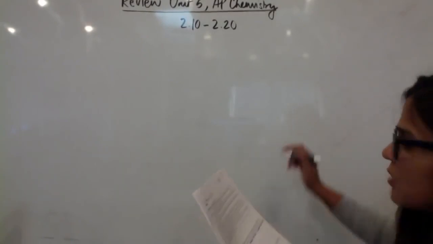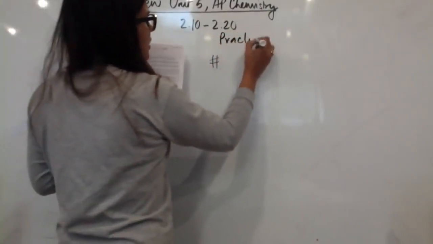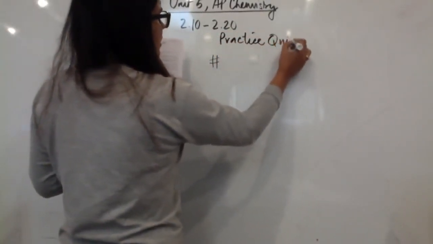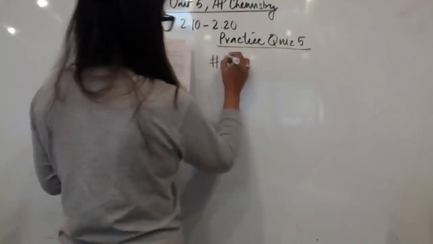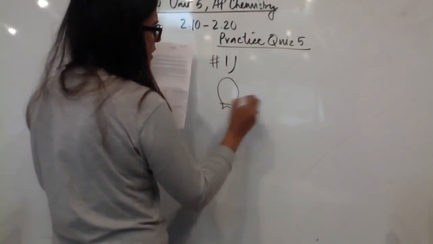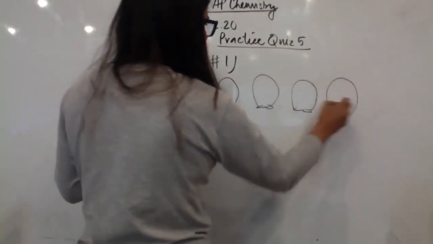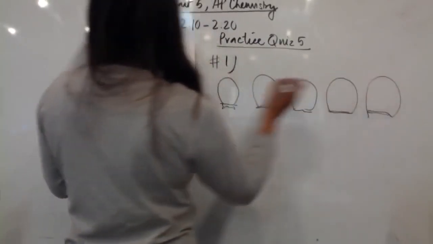Wow. Okay, number 1 has 1, 2, 3, 4, 5 balloons. Those of you who haven't taken it, leave the video, come back to it. They are the same size. There are 5 balloons that are the same size.